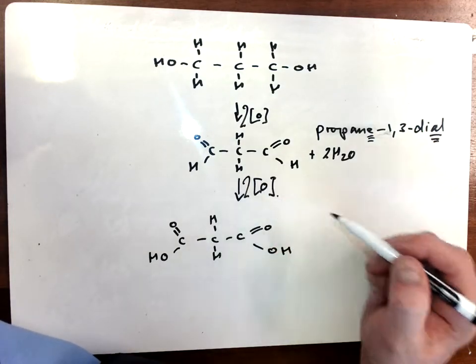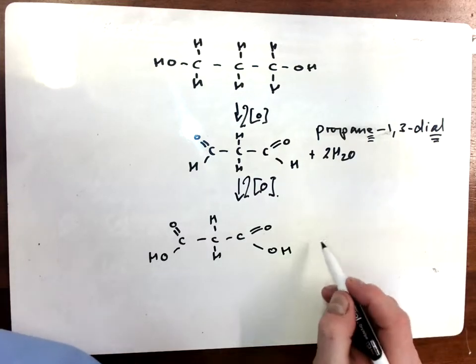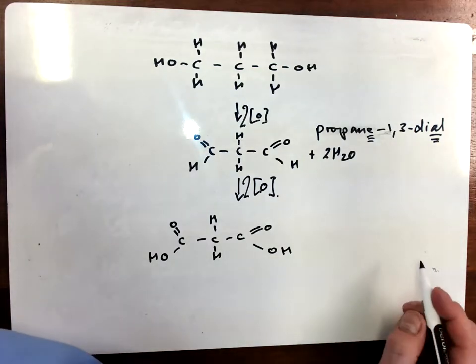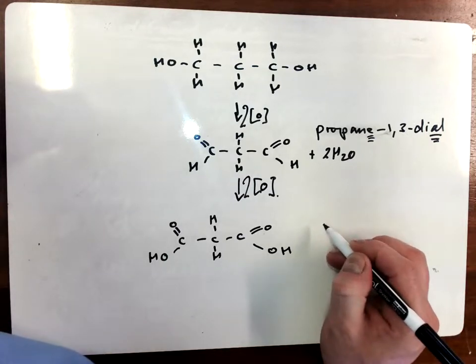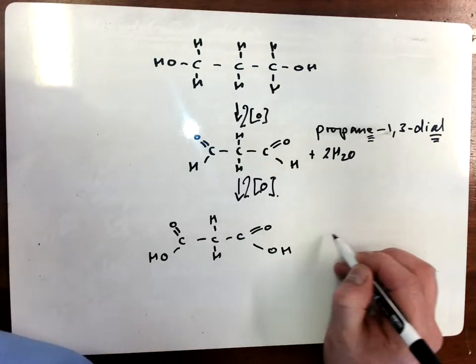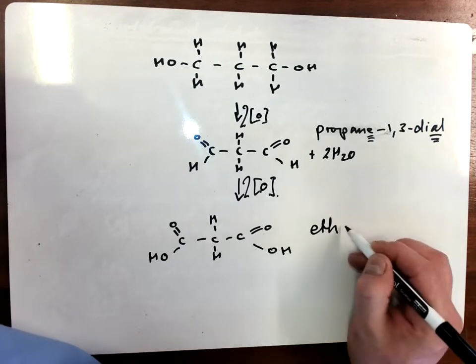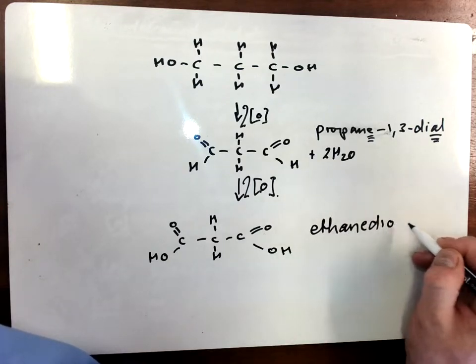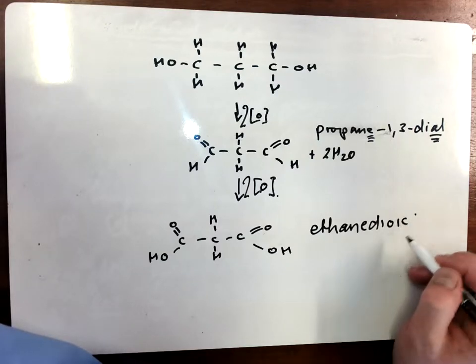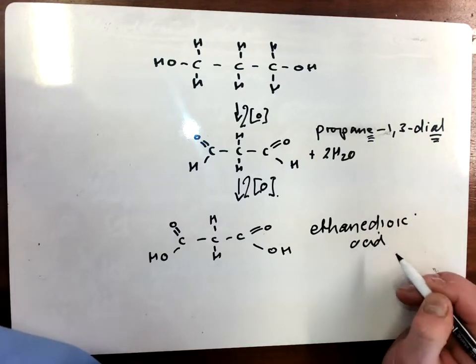Again, I need two of those, sorry. There is no water produced this time, so please be careful of that. And then we have got ethanedioic acid. Oh, what am I doing?